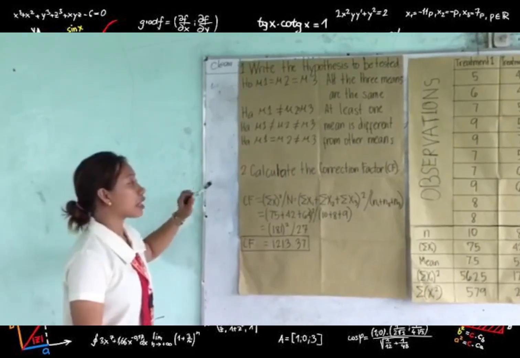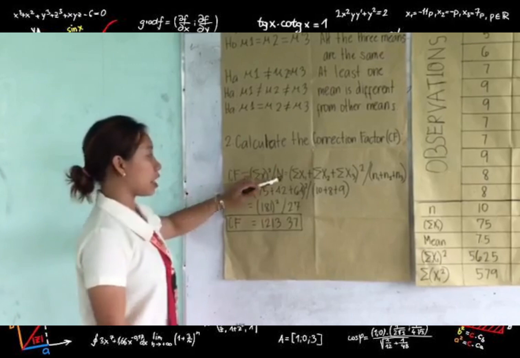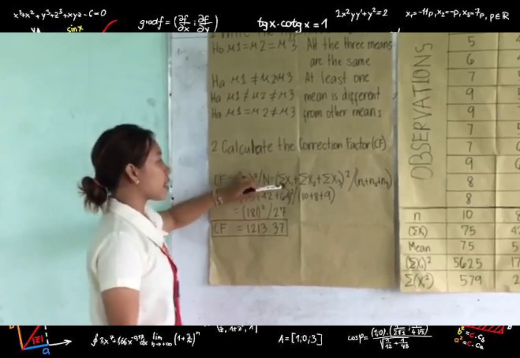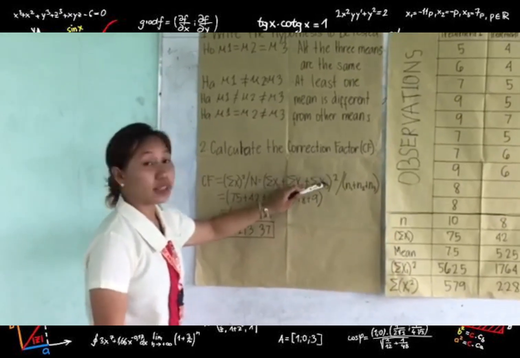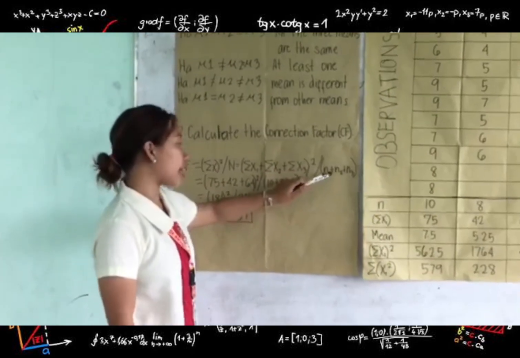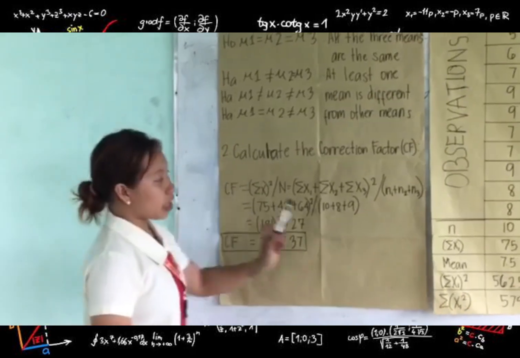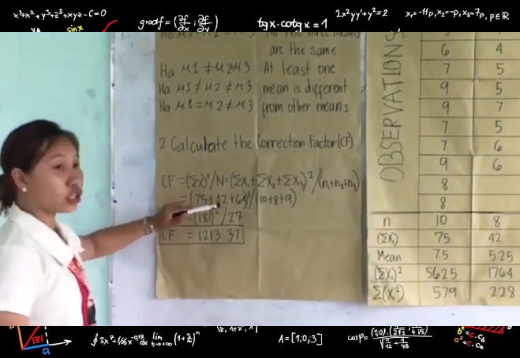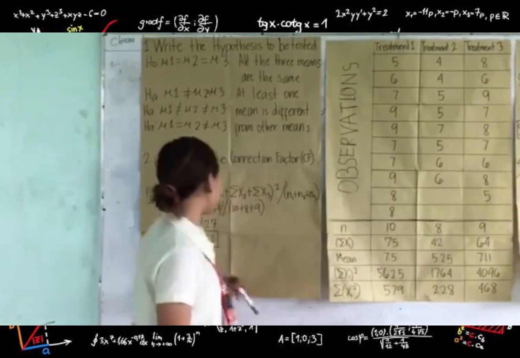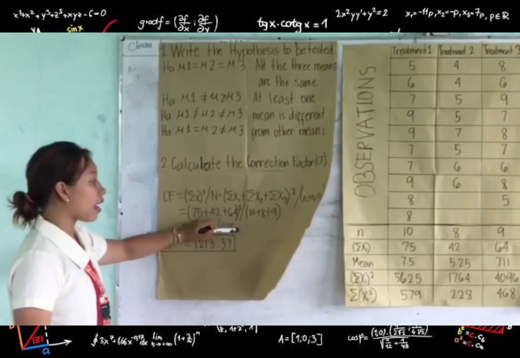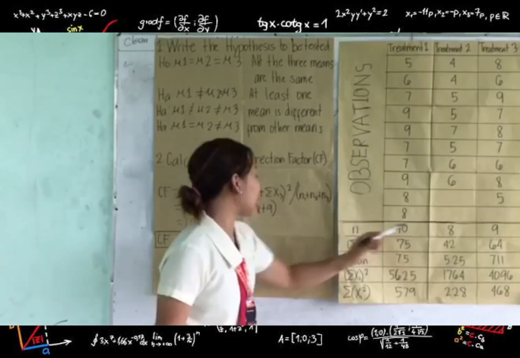The formula for the correction factor equals the square of the summation of x divided by the total population: total of x sub 1 plus total of x sub 2 plus total of x sub 3, squared, divided by n sub 1 plus n sub 2 plus n sub 3. So, 75 plus 42 plus 64, squared, divided by 10 plus 8 plus 9.